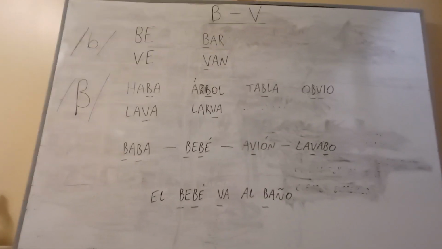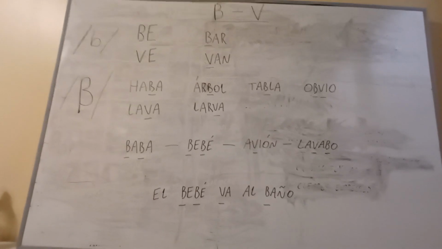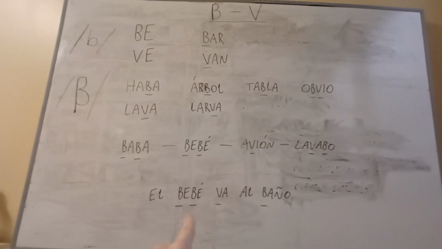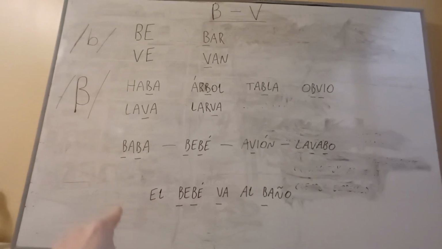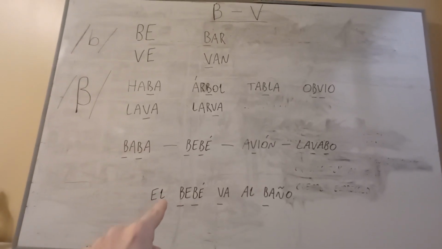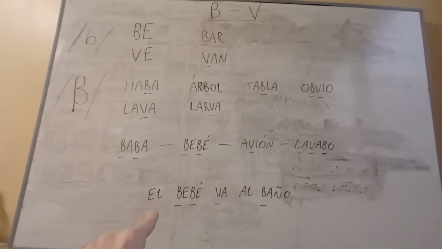But what happens here is that, for example, before this word, we have another word, an article, which ends in a consonant.